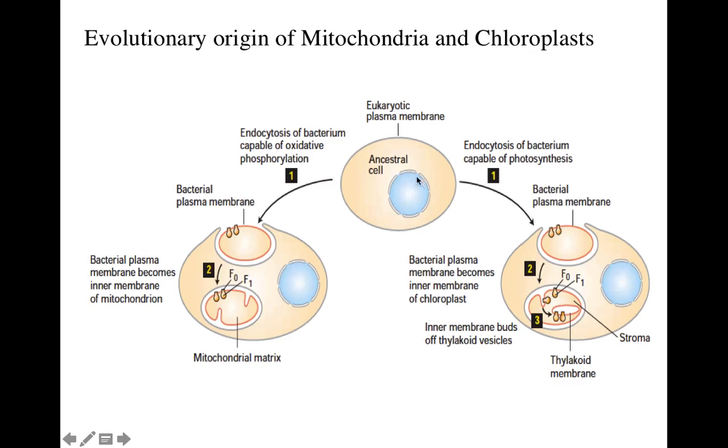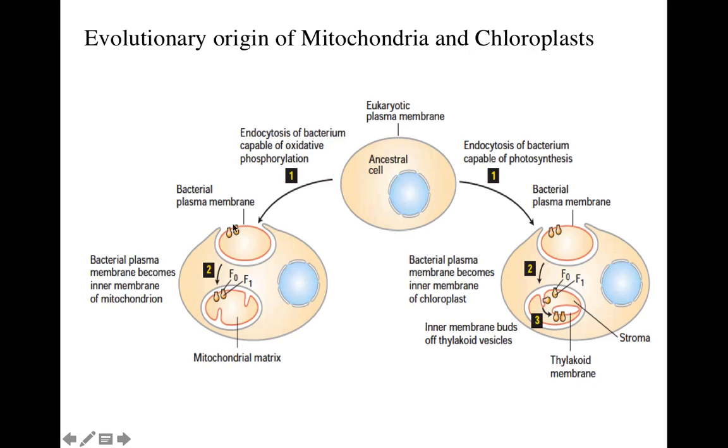So what happened was that accidentally a eukaryotic cell, let's first talk about the origin of the mitochondria, engulfed or endocytosed a bacterium that was capable of oxidative phosphorylation. This bacterium contained the enzyme we call ATP synthase, so these are the ATP synthase molecules in its membrane.